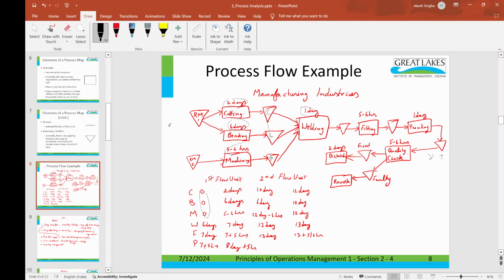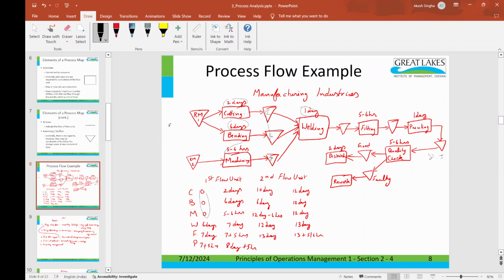So we calculate after how many days bending will be present here again. The first was present after 6 days, so the second flow unit will be present here after 12 days, right? If we start on the sixth day, because this is the bottleneck, it takes the maximum time.